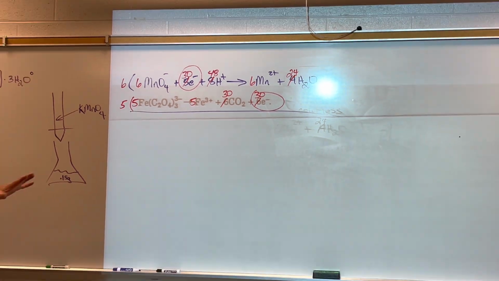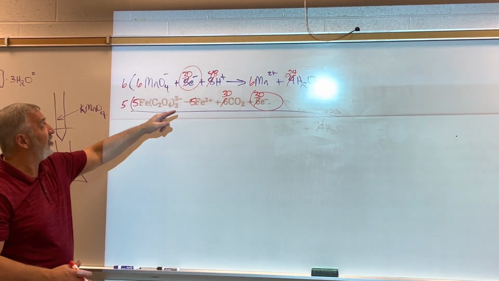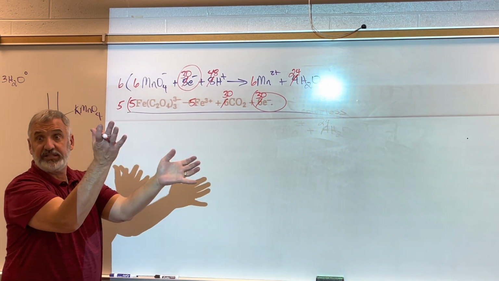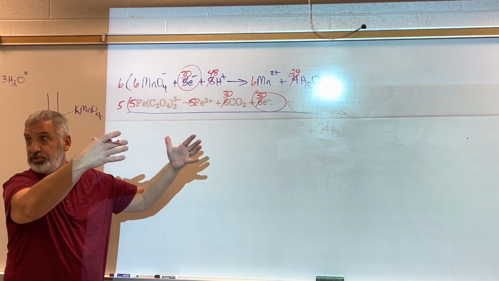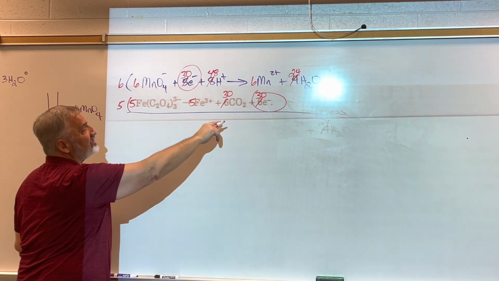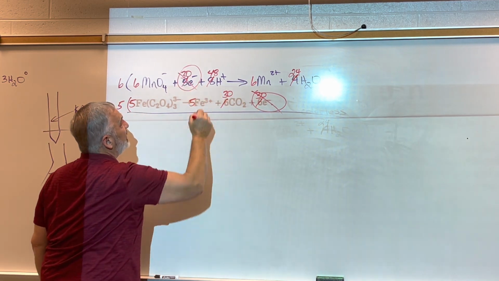Normally, if there are some H pluses over here and some waters over here, you cancel them out and go net, just like adding two equations together. You guys know how to do that. This one, there isn't anything else, just the electrons cancel.